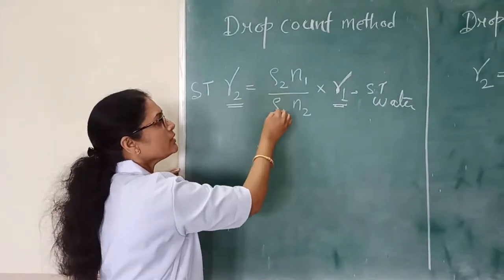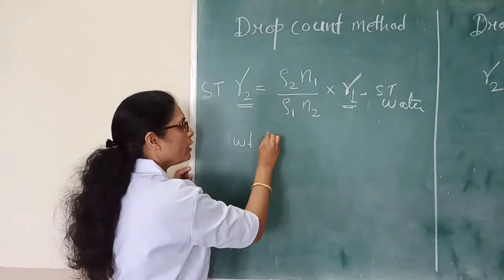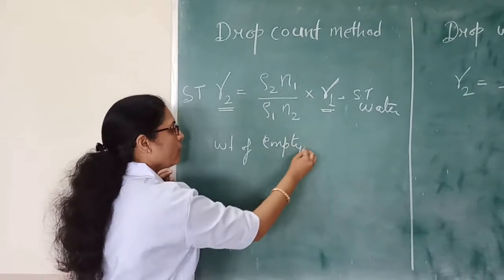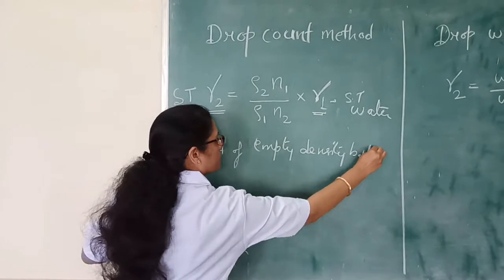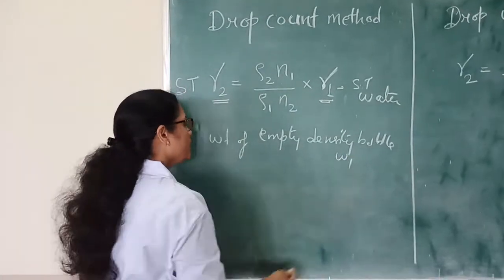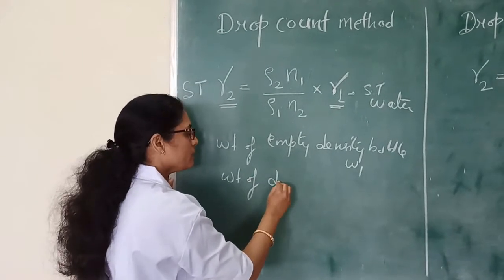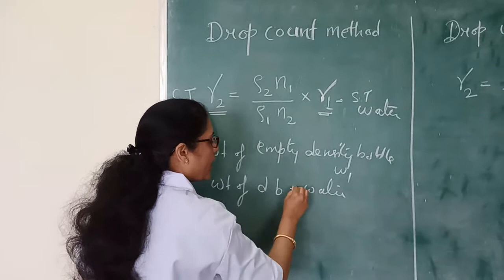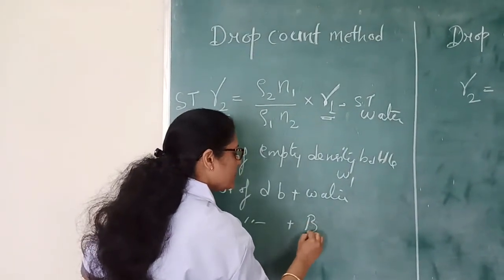Next is to determine the density, and for this we have determined the weight of empty density bottle as W1, then we have determined the weight of empty density bottle plus water, and weight of density bottle plus benzene.